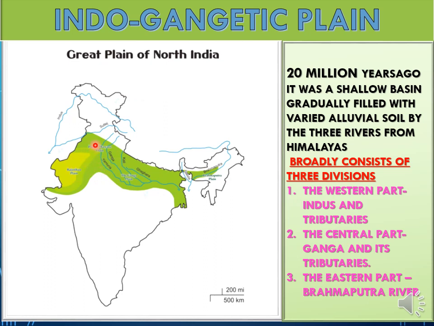So it is divided into three divisions: the western part formed by the Indus River and its tributaries, in the middle the central part formed by Ganga and its tributaries, and on the eastern side it is formed by the Brahmaputra River.